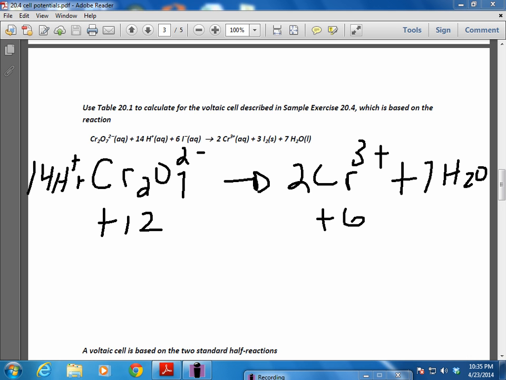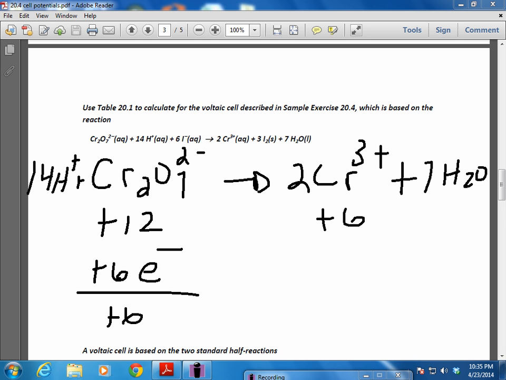So if I add 6 electrons to this side that are negative, then that's going to balance my charges on both sides and make the charge plus 6 on both accounts. So as you look at this, the electrons are being gained on this side. So that makes the chromium to be the cathode, because it's being reduced because it's gaining electrons on the left-hand side. That just is a refresher on how to balance it.